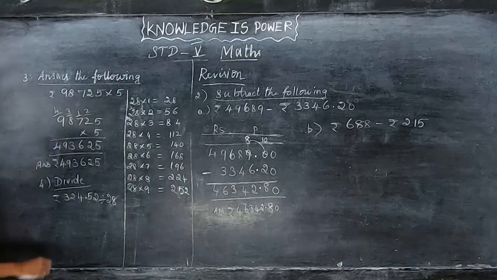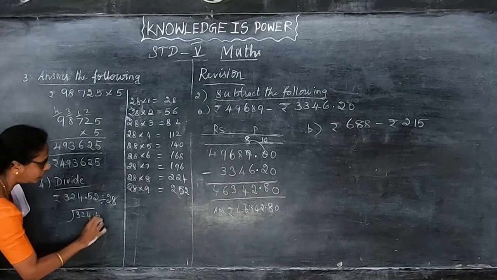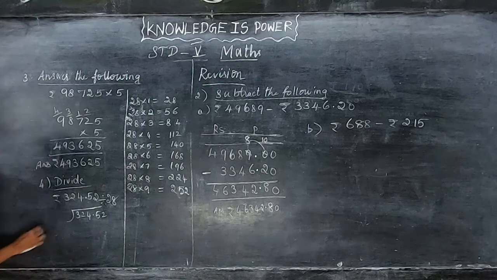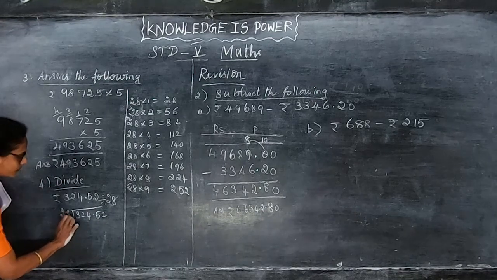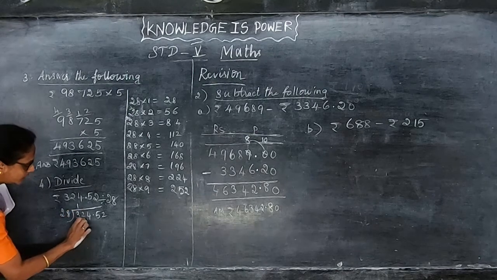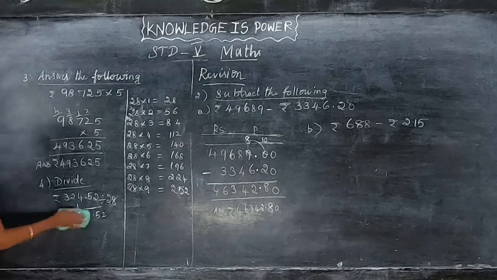252. So when you divide, 324.52. So 28 ones are 28. That is put. I'll do this on that side.